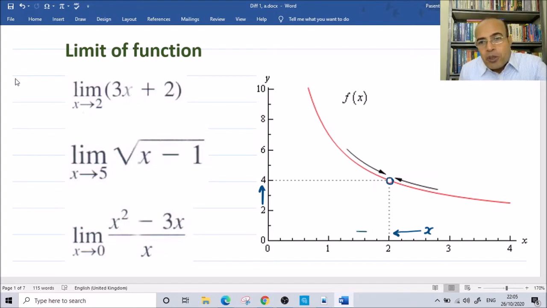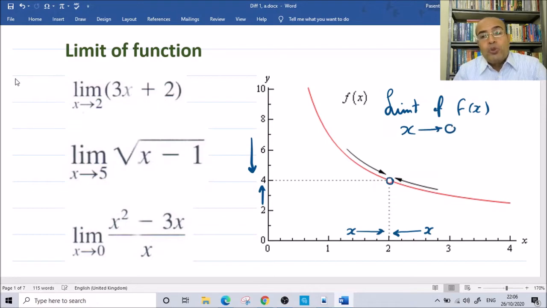When x approaches 2 from the left, the value of the function approaches 4 from below. So we write the limit of the function f of x when x approaches 2, or mathematically we write lim f(x) when x tends to 2.